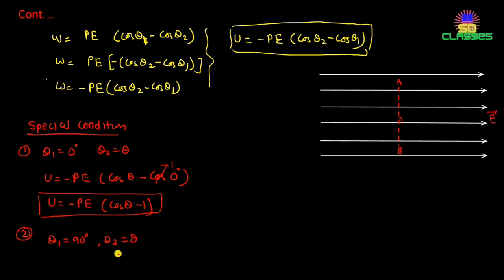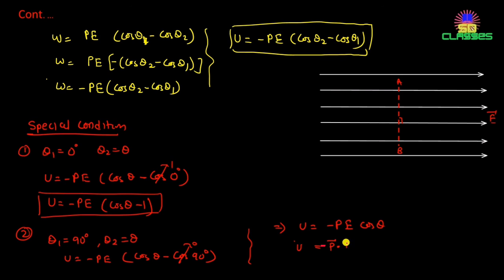So U will be equal to minus pE (cos theta minus cos 90 degree). So this will be 0. So U is equal to minus pE cos theta, and the magnitude pE cos theta can be written in the form of vector, that is p dot product E.